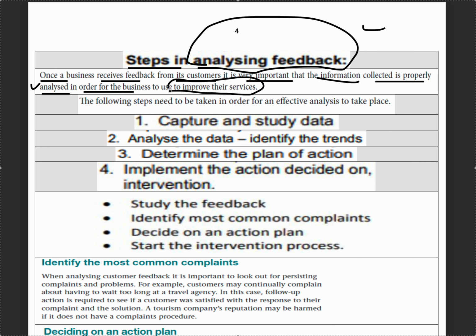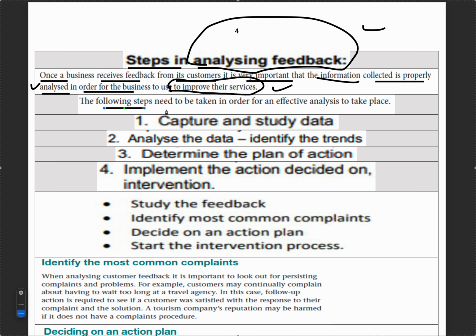In order for anything to improve, you have to know the view of the people who are buying what you are selling. So you'll be able to make touch-ups that will help the business improve. These are the following steps.